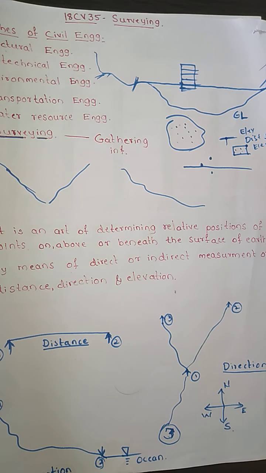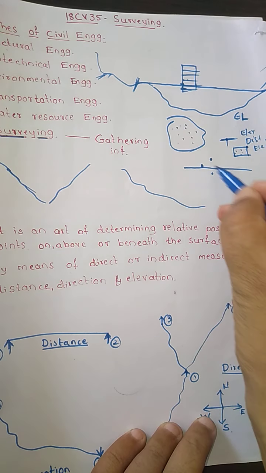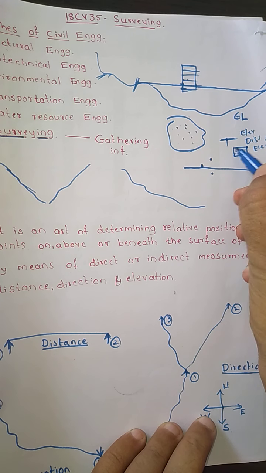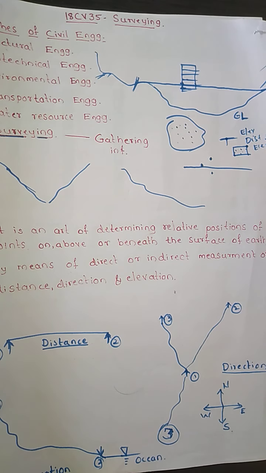You are representing whatever objects are present on the ground on a sheet of paper, along with additional information such as how much is the elevation of that particular point, where is the location, what are the coordinates. All these things you are going to note down.